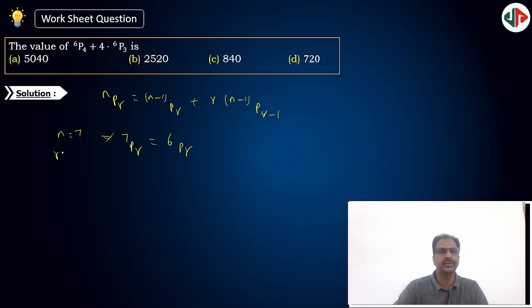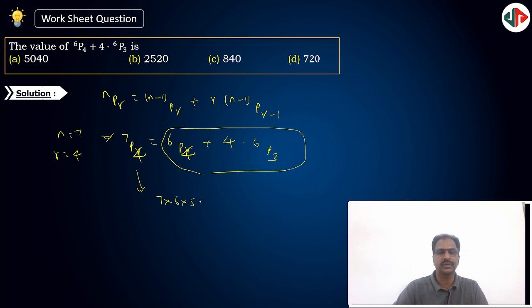Put n is equal to 7 and r is equal to 4. So 7P4 is equal to 6P4 plus 4 into 6P3. Now the question is finding the value of this, which is nothing but 7P4. 7 into 6 into 5 into 4, which is 840. Options.